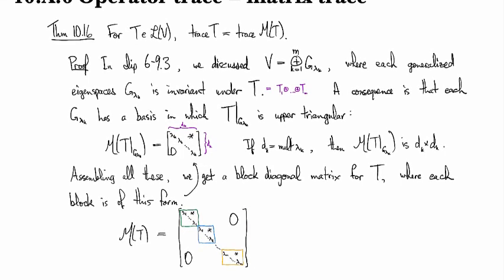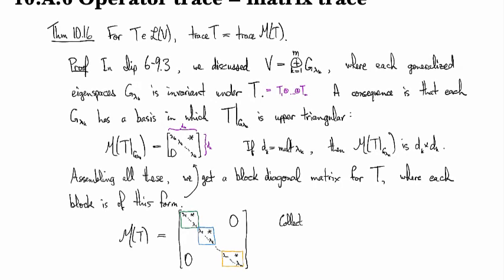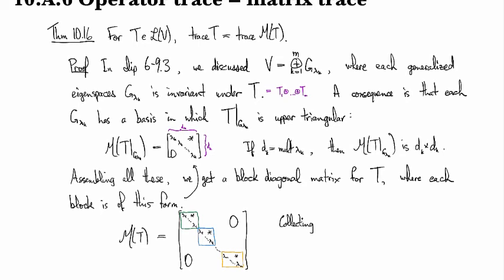But we do need this block diagonal form for the matrix of T. And so each one of these corresponds to an invariant generalized eigenspace. And there's a basis, right, we said, in which each of those gives you an upper triangular matrix.